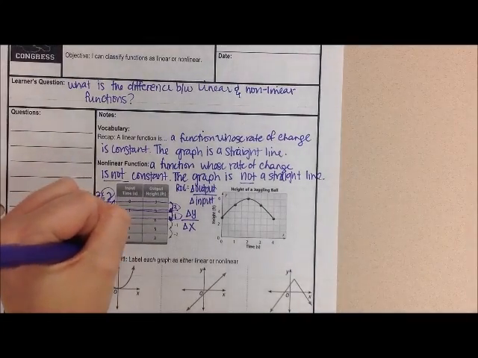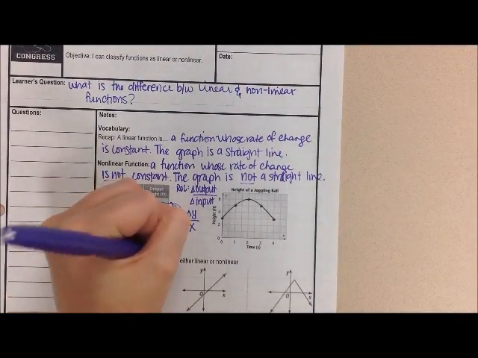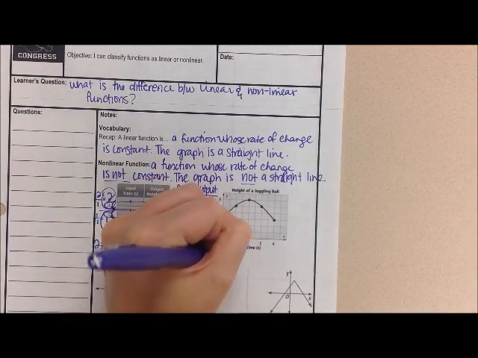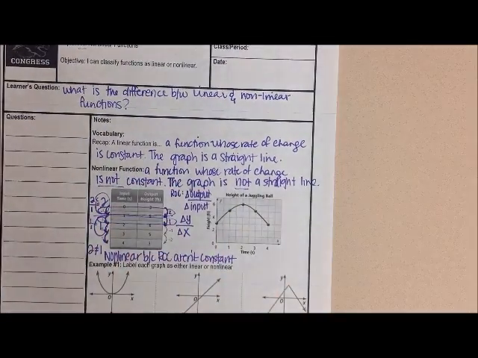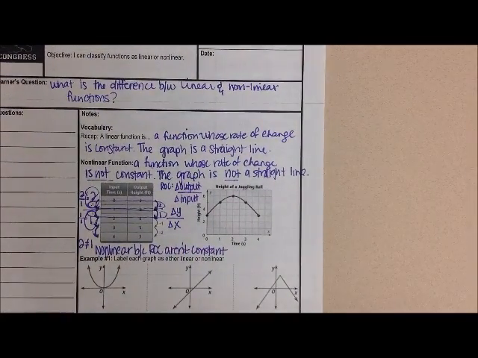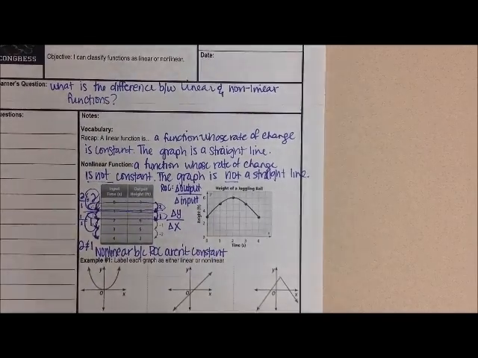So my rates of change aren't equal. Okay, so this is nonlinear because the rates of change aren't constant or equal. They're not the same. Okay, so if we're looking at this graph, I could try to figure out the rates of change between each of those points and so on.